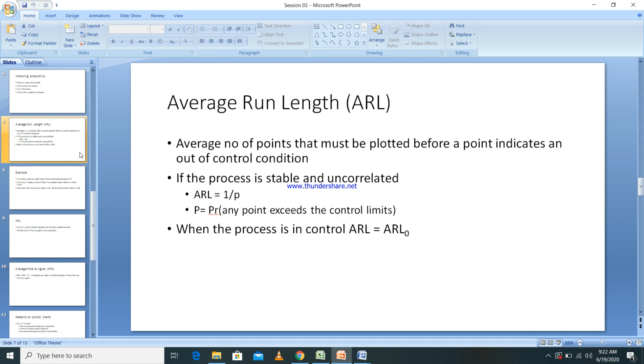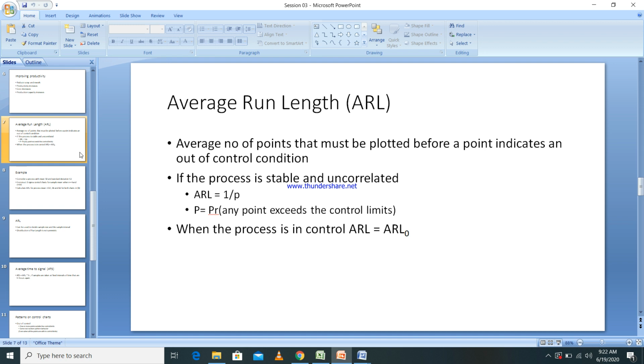So if you know the probability of any point exceeding the control limits, 1 over P will give you the average run length, that is, on average how many samples you have to take in order to detect an out of control signal from your process, right?